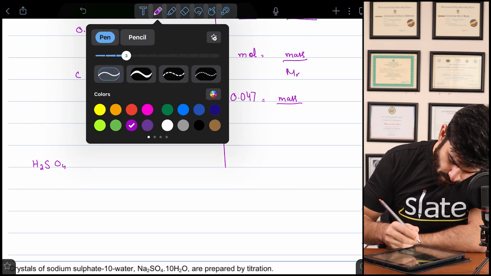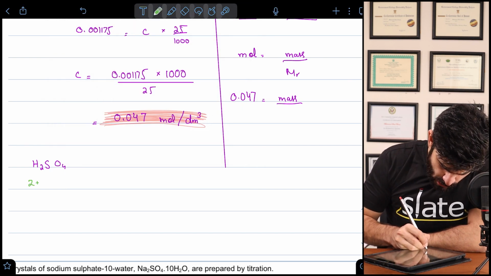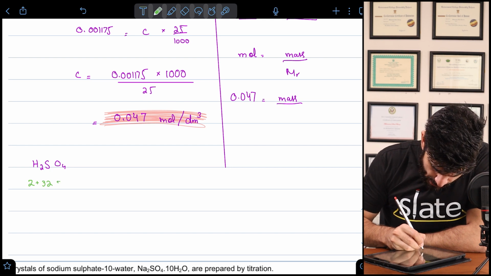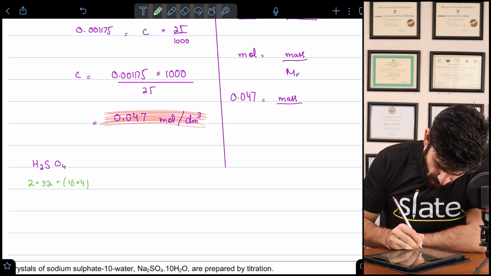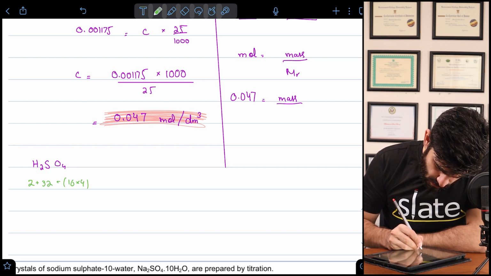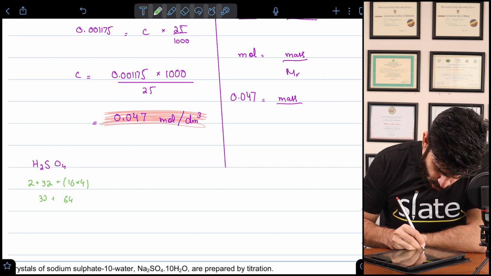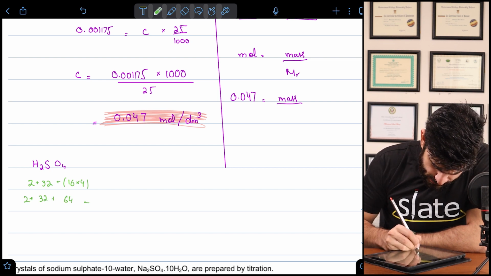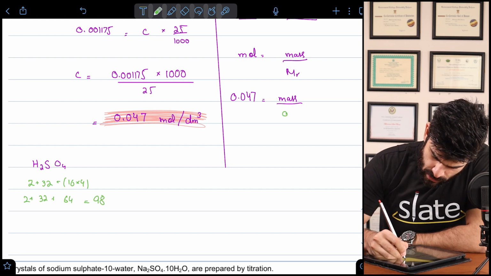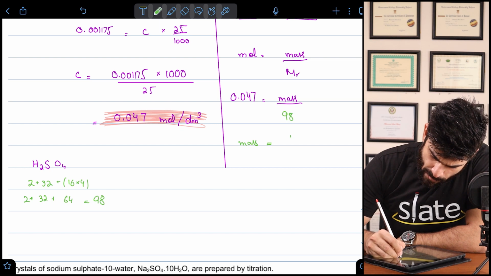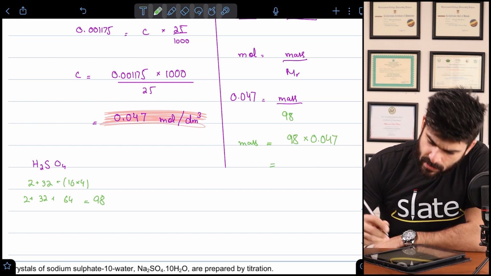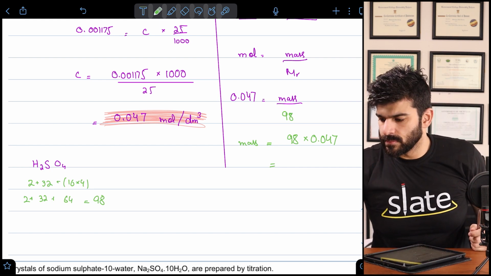H2SO4. So H2 is 2, sulfur is 32, and oxygen is 16 into 4. So this becomes 2 plus 32 plus 64, and that becomes 98. So mass will be 98 into 0.047. Let's see what the answer comes in.